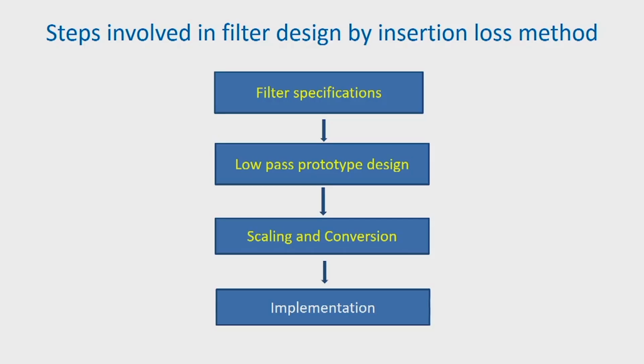It may be using lumped element, it may be using transmission line sections, maybe microstrip lines, or it may be using waveguides. So, this implementation of the design filters, it is quite involved, and we will not attempt it here.